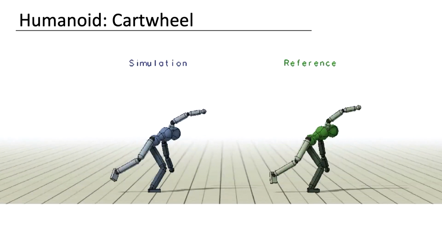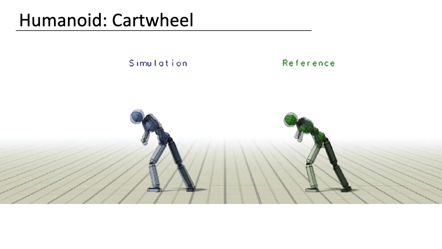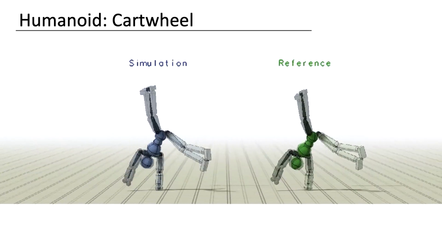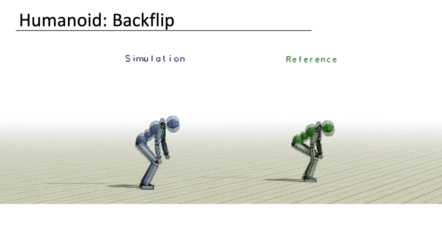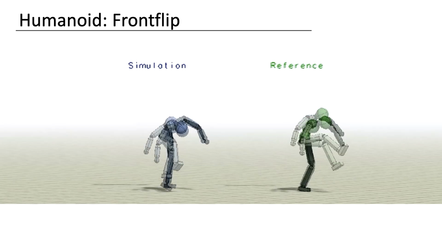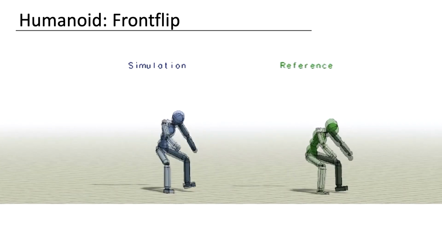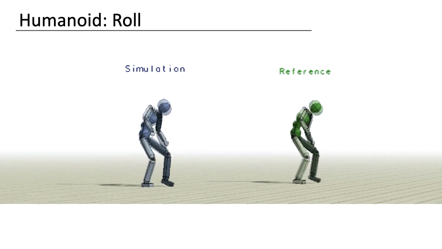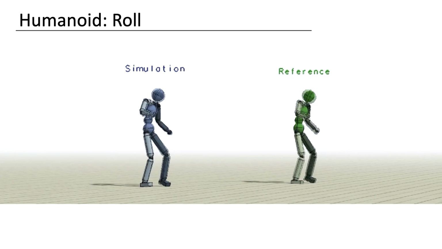Okay, we can also get the character to do some fancier things. So here's a cartwheel. We can get the character to do some backflips. Here's a front flip. And a roll. So for all of these skills, we are just providing the characters with a different reference motion.